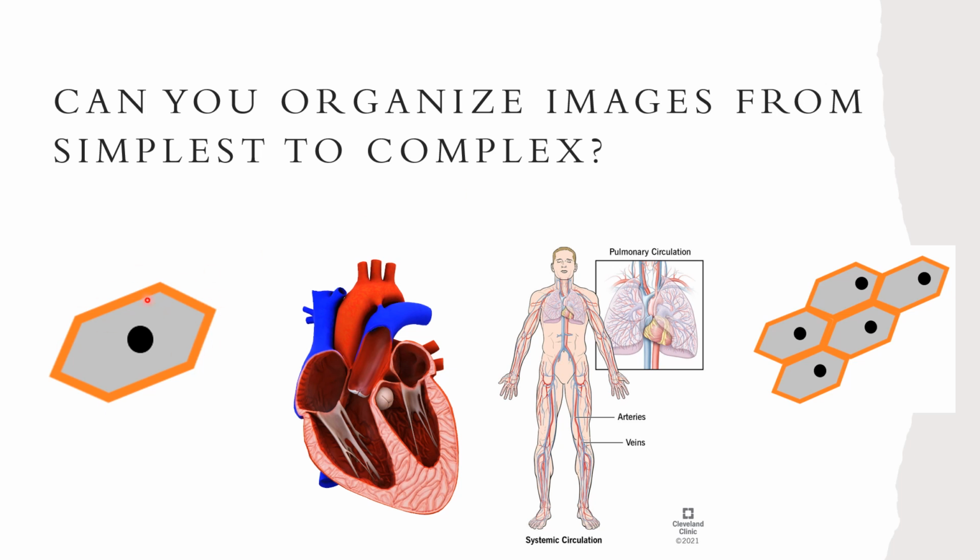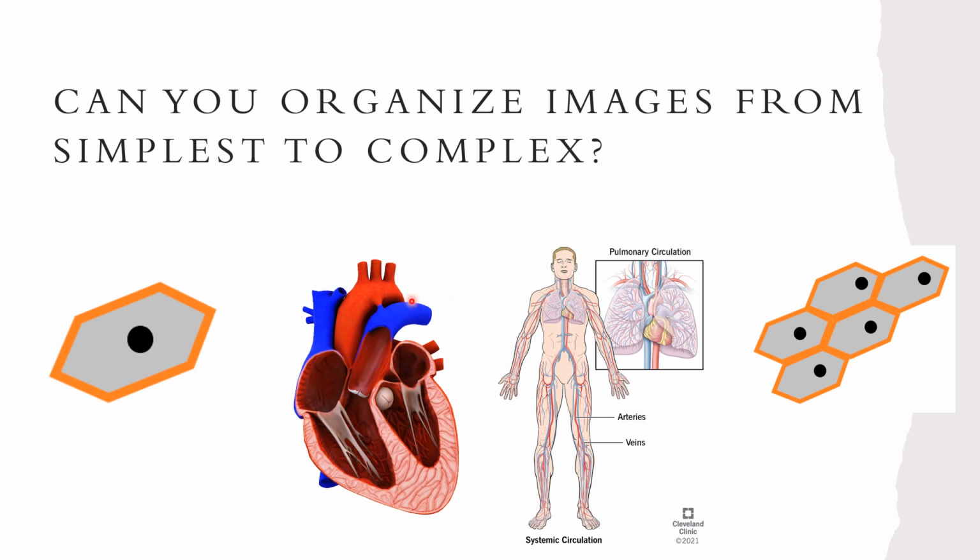So the simple one we already mentioned, that's the cell, the basic building block of every living being. Then when more cells combine, like here, you get something that we call tissue. So tissues are made when many cells combine together. Then when many tissues combine together, you get something more complex, which is called an organ, like this heart or cardiac muscle here, or basically the heart is an organ.